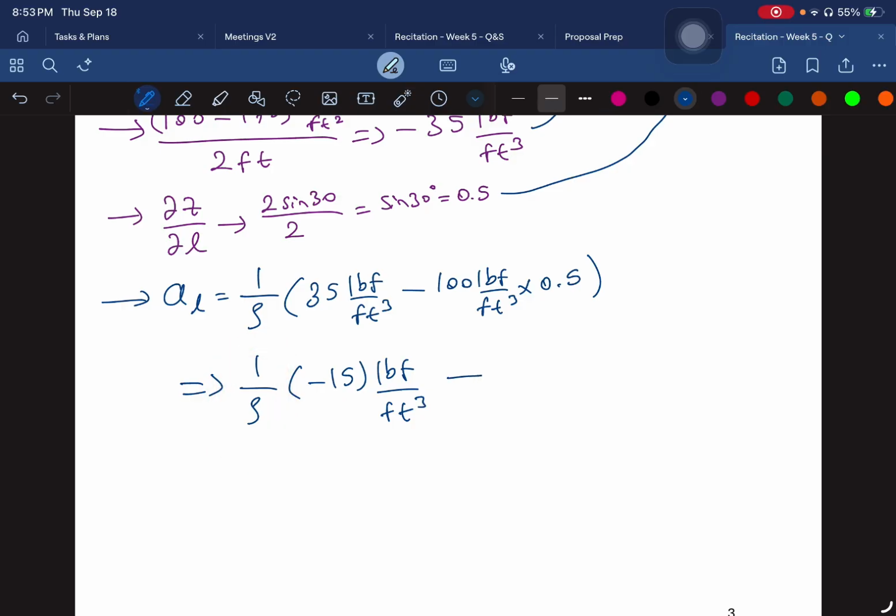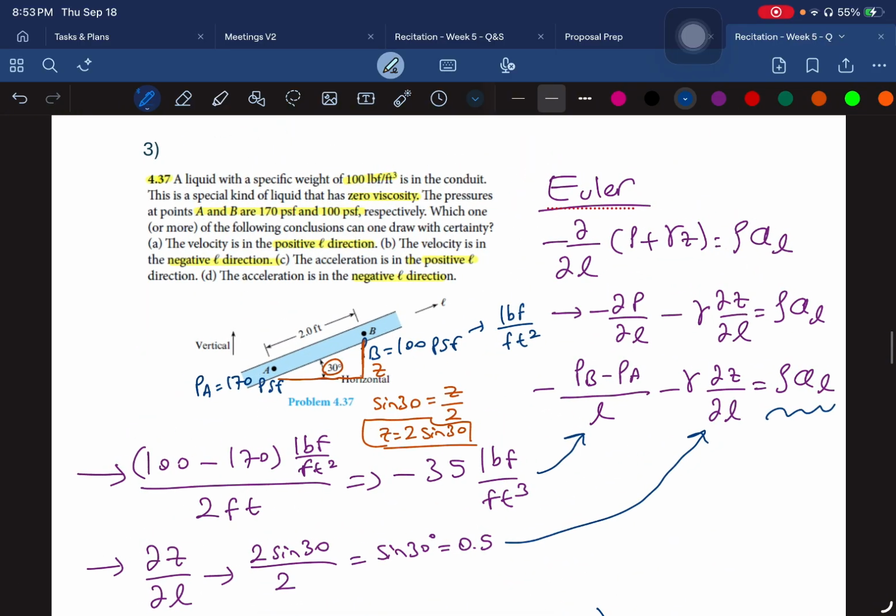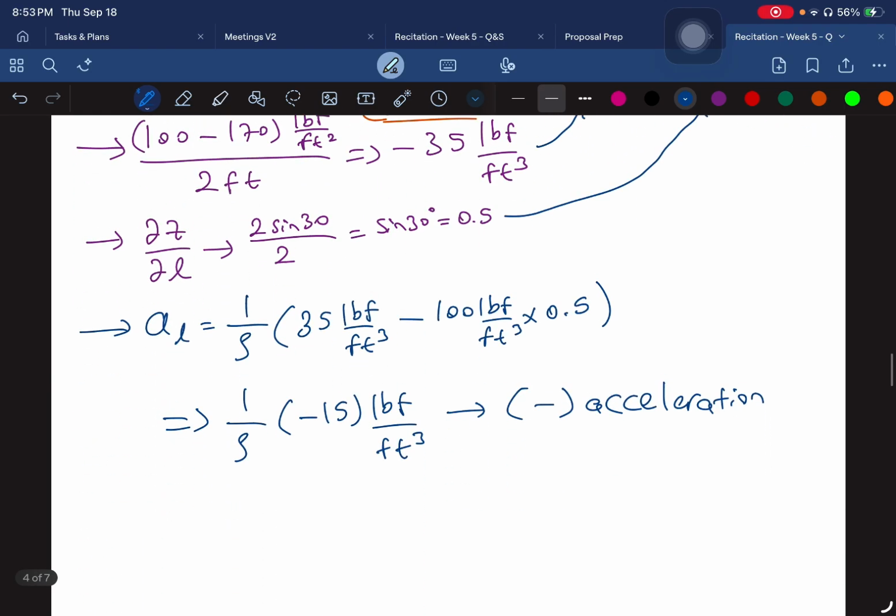So the final answer will be minus acceleration. So the only option we can choose is that the acceleration is in the negative L direction, because we have negative acceleration.